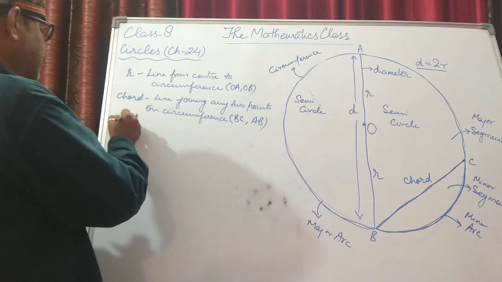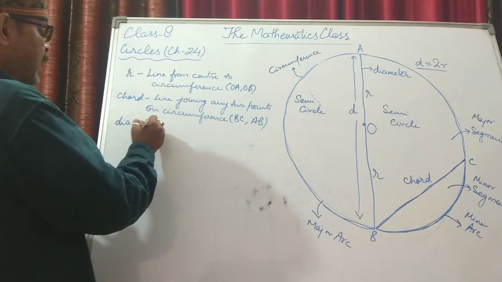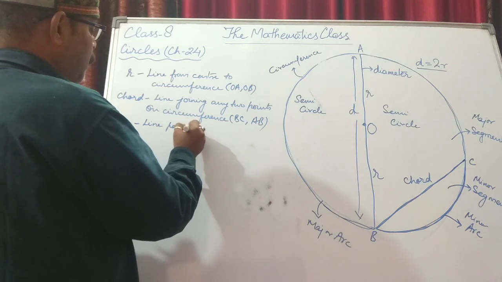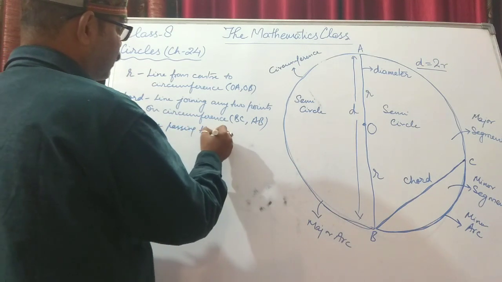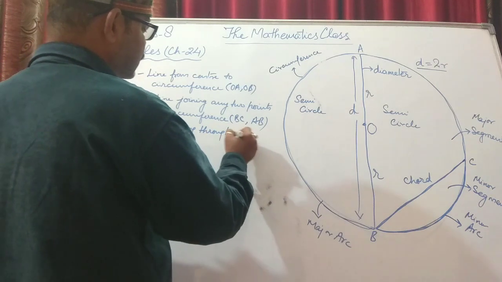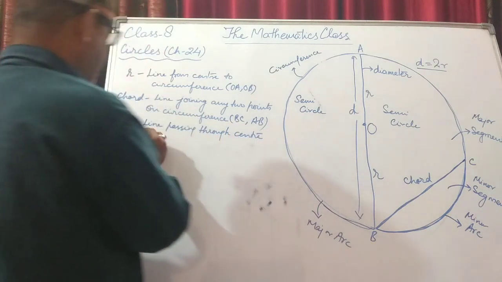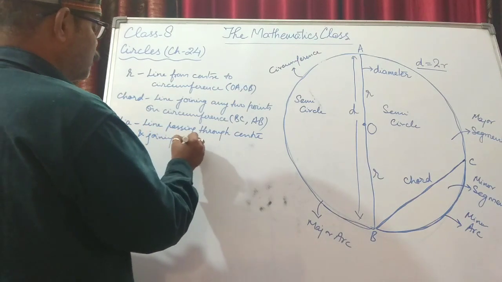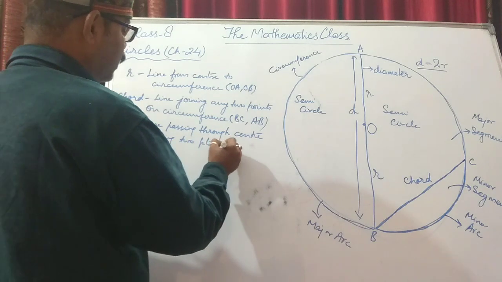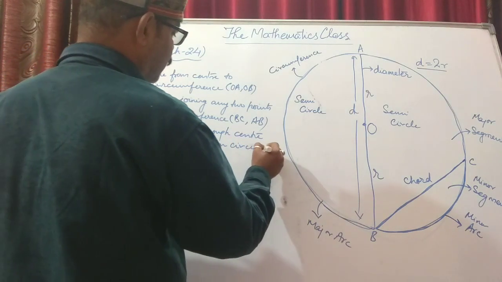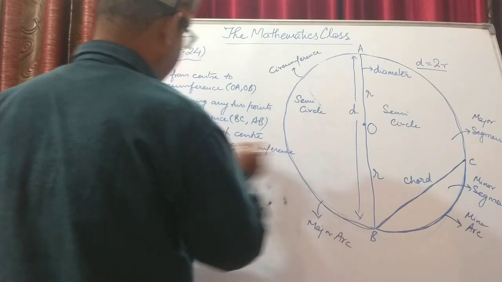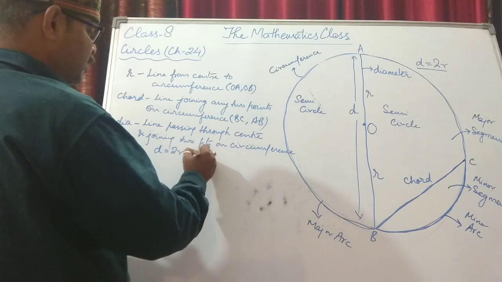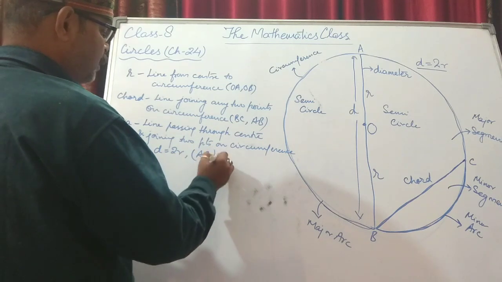So I am just writing: diameter is a line passing through the center and joining 2 points on the circumference, denoted by small d, its value is 2 times the radius. In the diagram it is represented by AB.